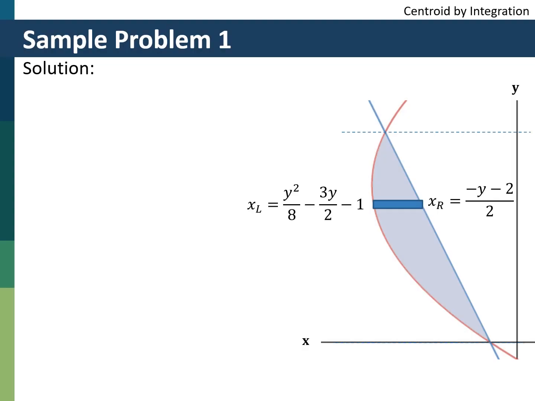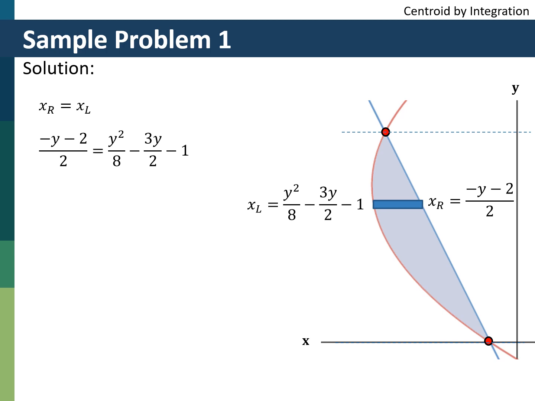The bounds of integration are at the points of intersection of the two functions. At these points, the x and y values of the two functions are equal. Equating x sub R to x sub L gives us negative (y minus 2) all over 2 equals y squared over 8 minus 3y over 2 minus 1.